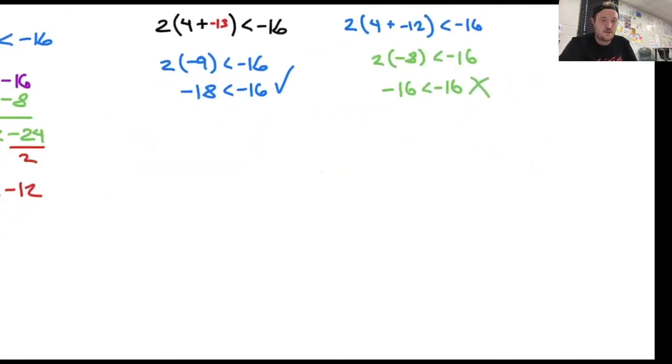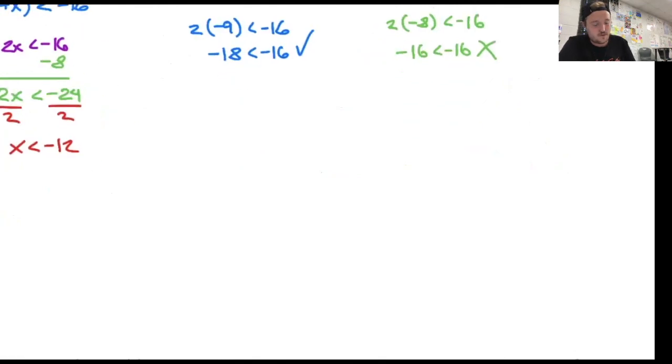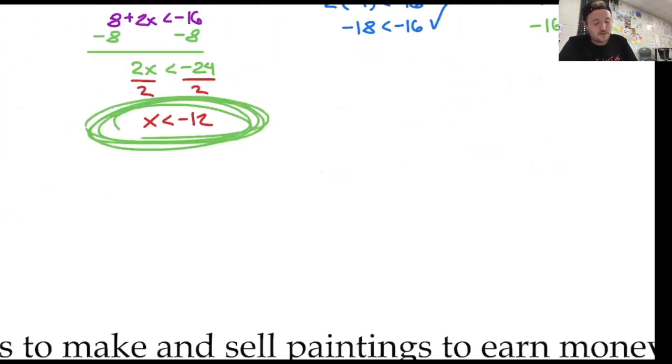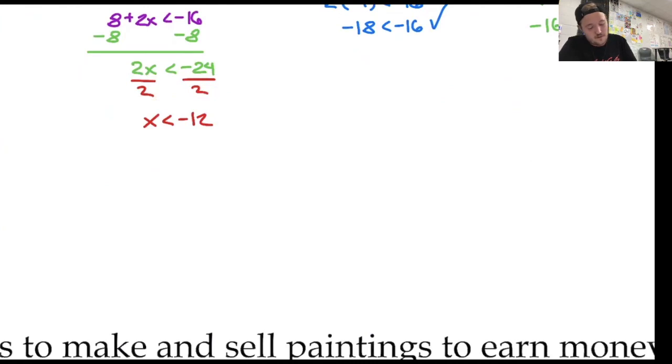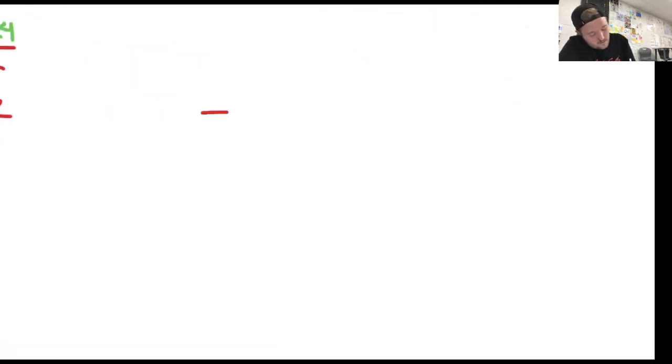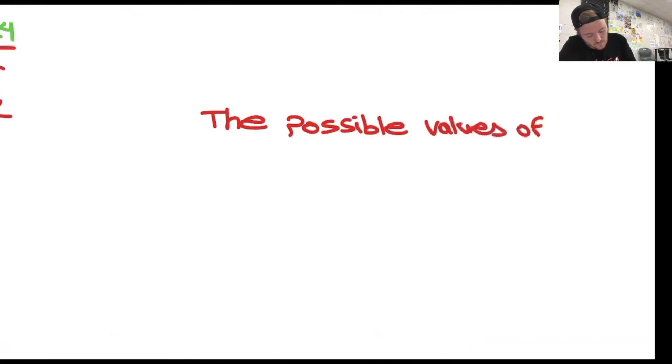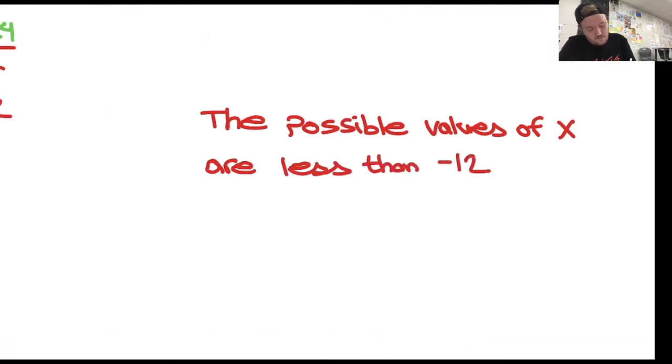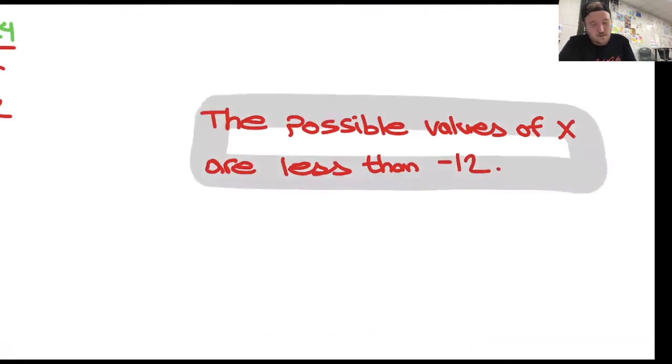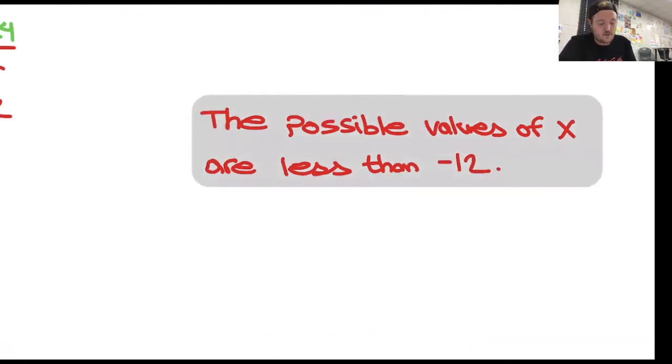So once you've checked it, then you can write your final answer in a sentence. So you're translating your answer from step 3 into a sentence. So the possible values of x are less than negative 12.